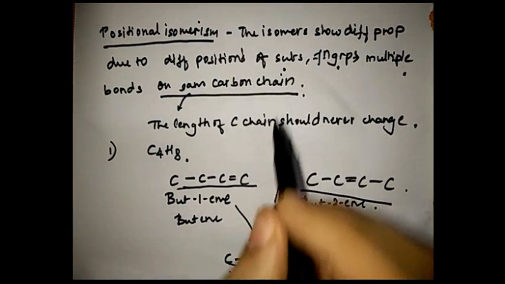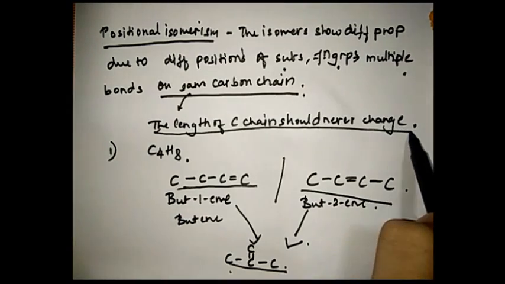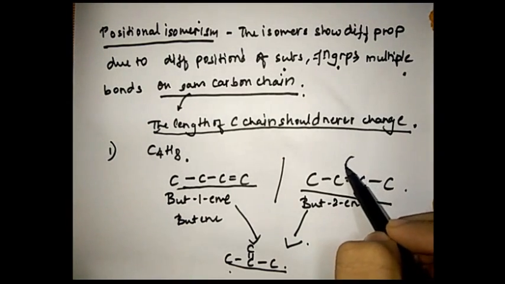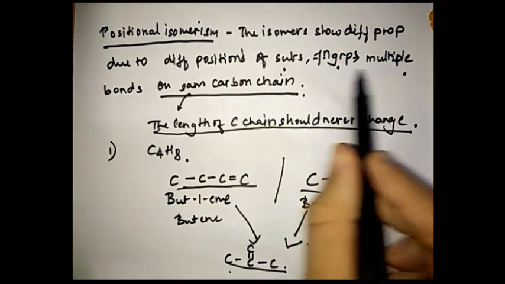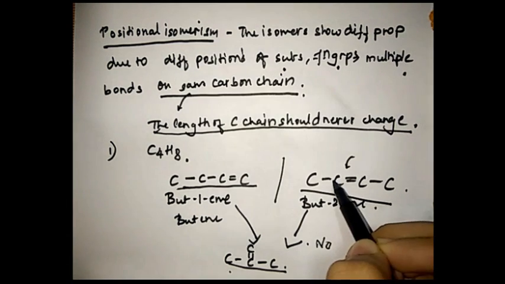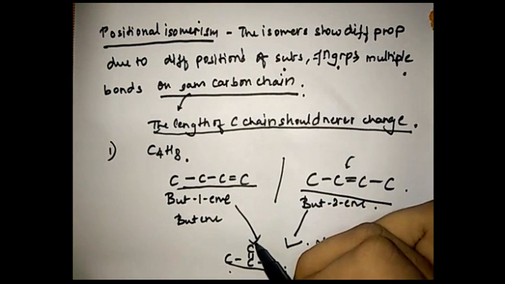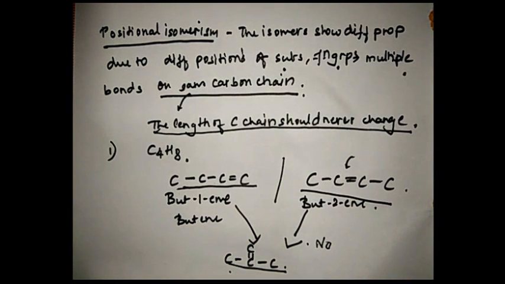The thing we should remember is that the length of carbon chain should never change, only the multiple bonds, the substituents and the functional groups can translocate on the carbon chain. So the answer is no. These are not positional isomers.